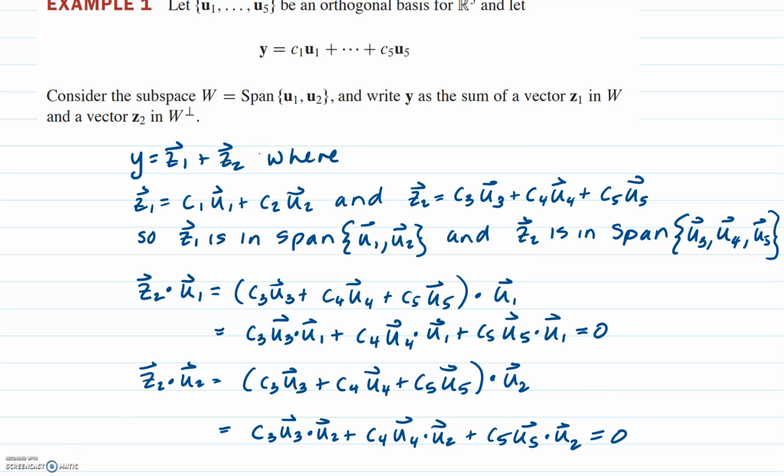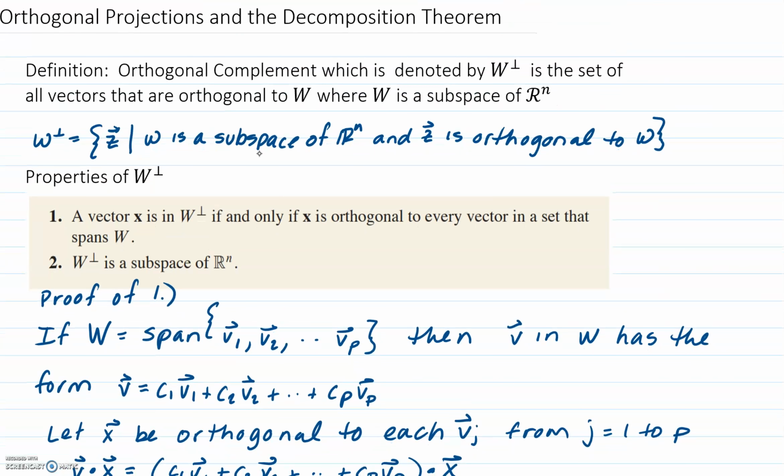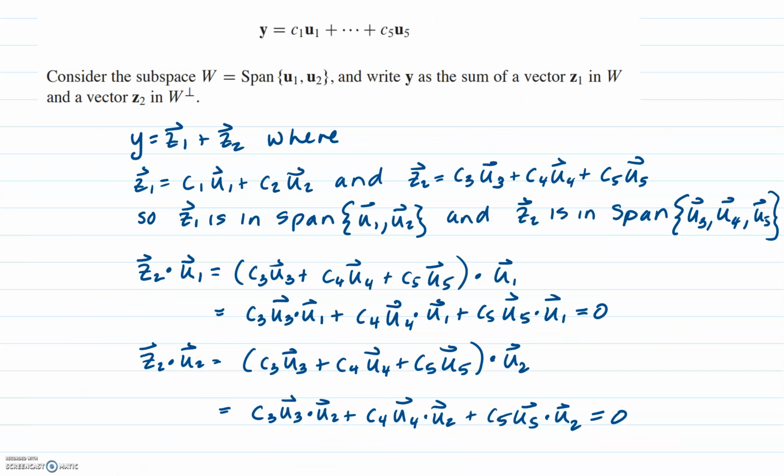So by our first property above, if X is orthogonal to every vector in the set that spans W, then X is in the complement. So we have it: z2 is orthogonal to every vector in the span of W, so z2 is in the complement.